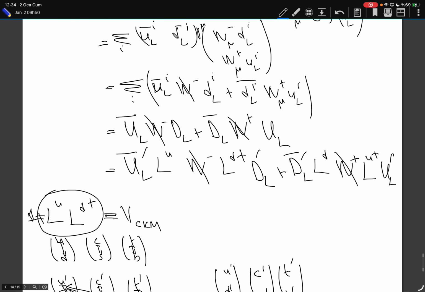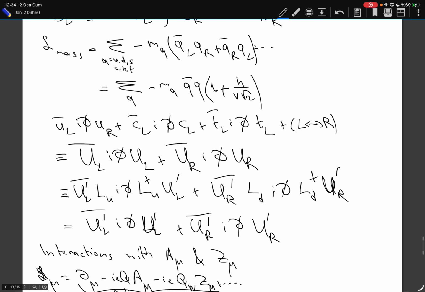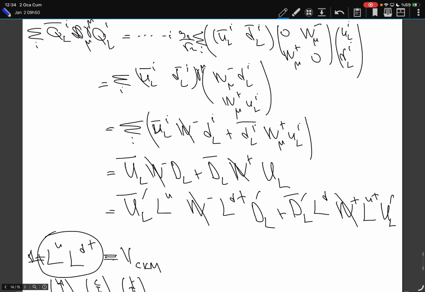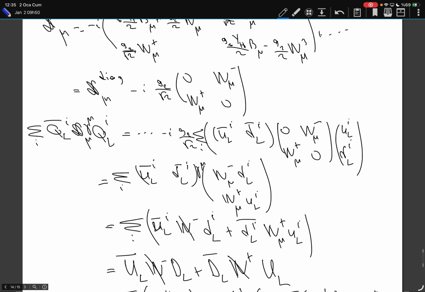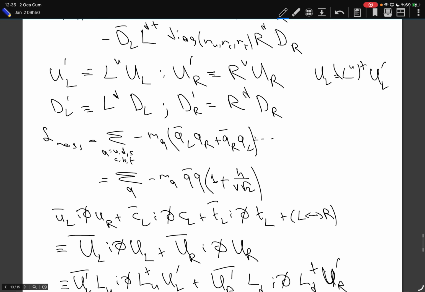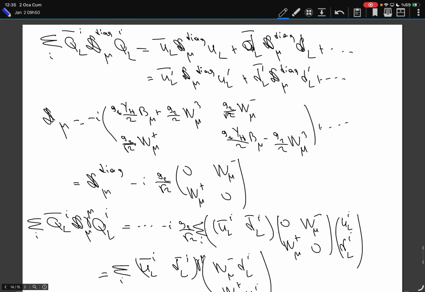And okay, so what else? Now there's also the neutrino case. I will not repeat it, but practically you can do exactly the same treatment in the case of the neutrinos.